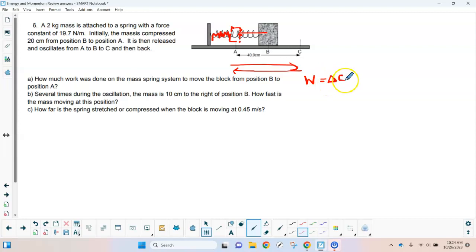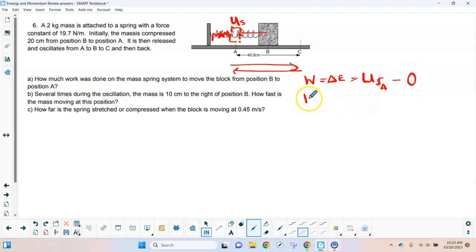So change in energy. So in the beginning, before anything was pushed or pulled, there wasn't any energy there. So it's just when we compress it to A, what kind of energy does it have? And I think it has a spring potential energy. So the spring potential energy at A, that's the type of energy it has at that point, and before that it didn't have any, so that's going to be minus 0.